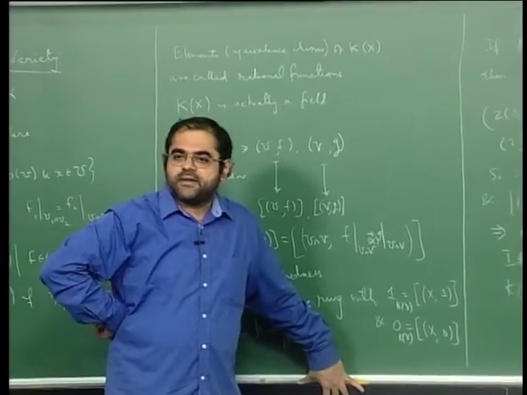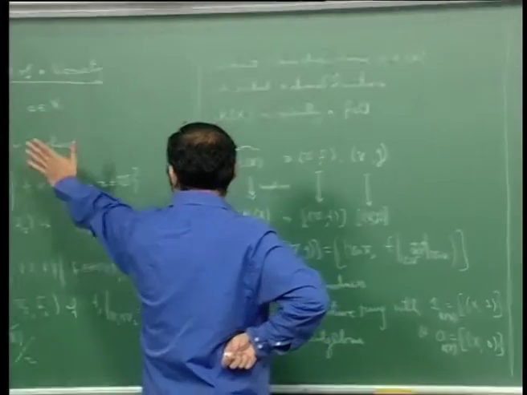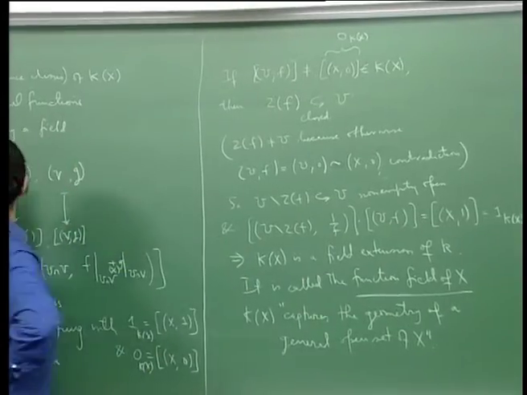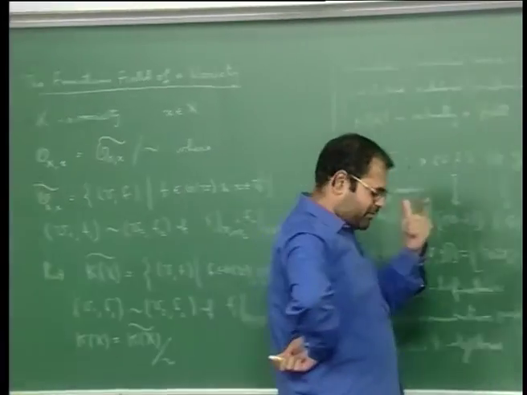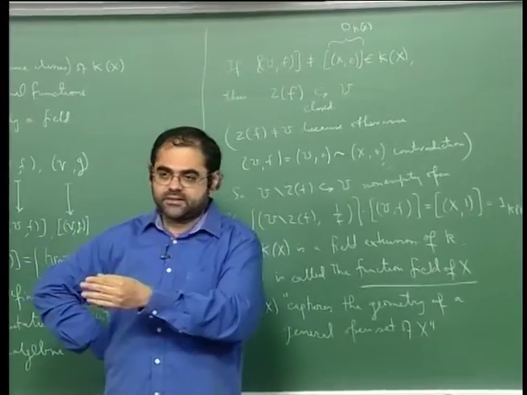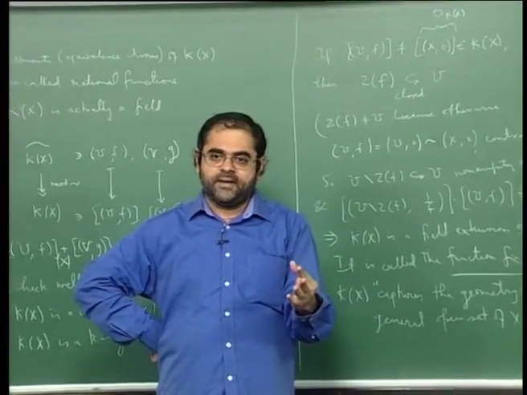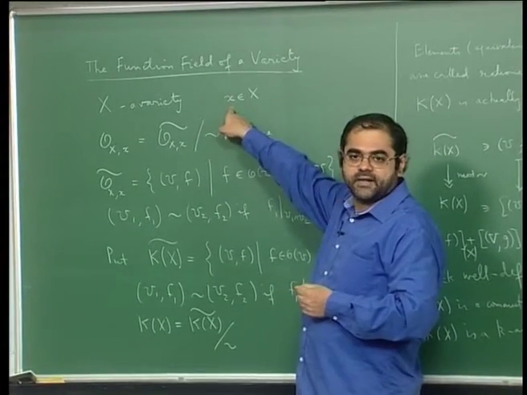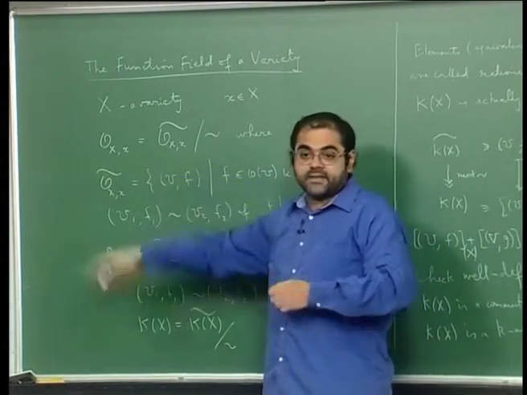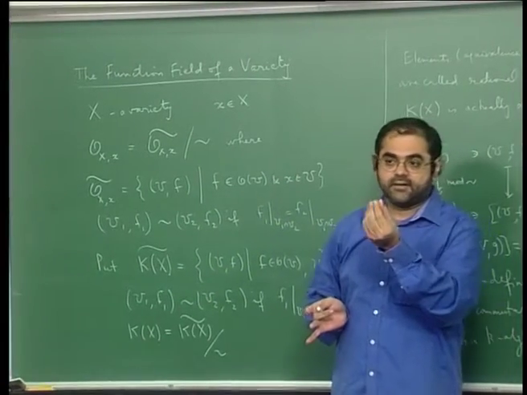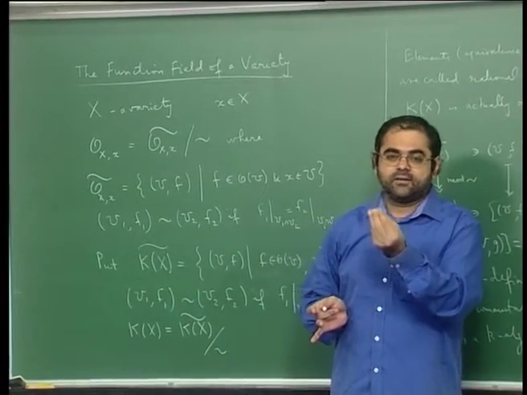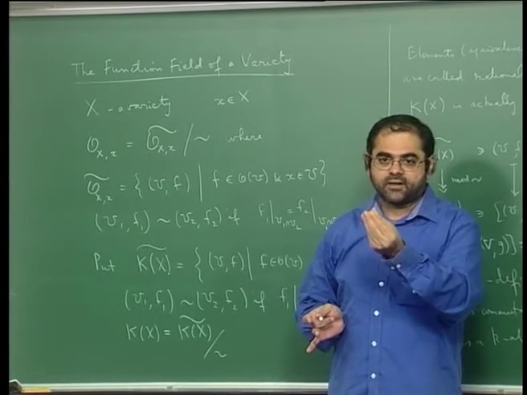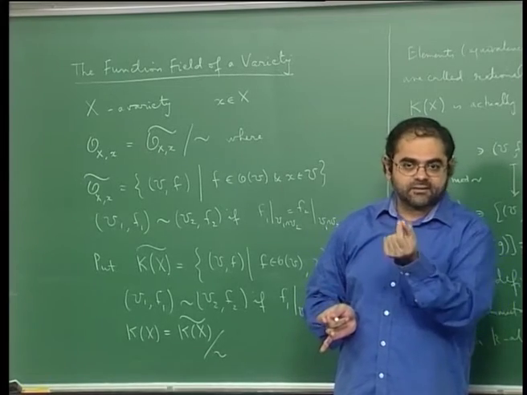So the point is, both in the local ring case and in the function field case you are just looking at pairs consisting of a regular function defined on an open set. Here you concentrate only on open sets which contain a given point and you get the local ring, and the local ring contains all the information in a neighbourhood of that point, how the variety behaves in a neighbourhood of that point.